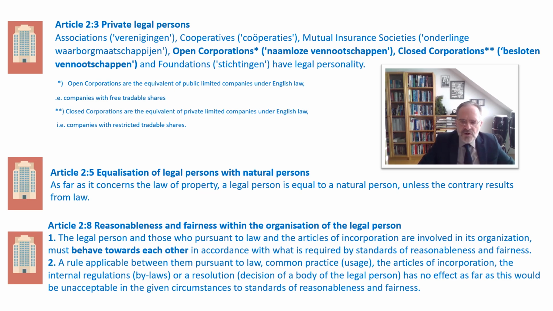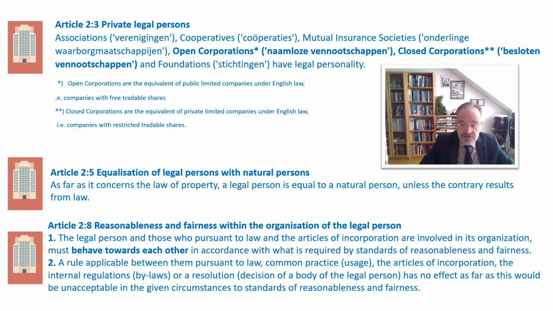But as said, we will focus on two legal persons, which in English are called open corporations, in Dutch naamloze vennootschappen, open because the shares are freely tradable, and closed corporations, besloten vennootschappen, closed because sales are generally subject to sales restrictions.